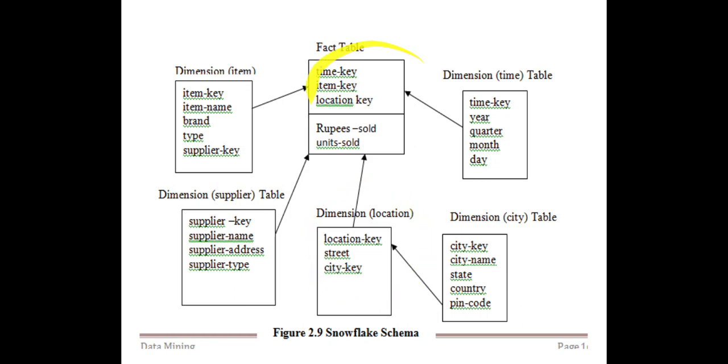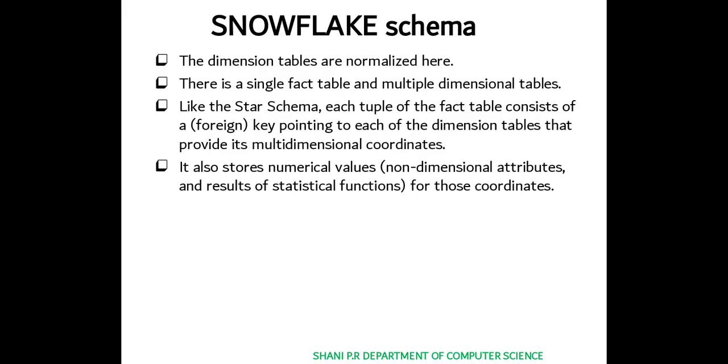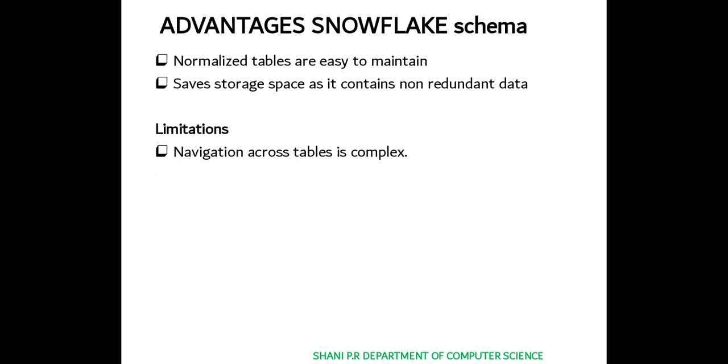Then you note the foreign key, the primary key, and the specified attributes on every dimension table. Next, the advantages of snowflake schema: normalized tables are easy to maintain and save storage space as they contain non-redundant data. The limitation is that navigation across tables is complex.